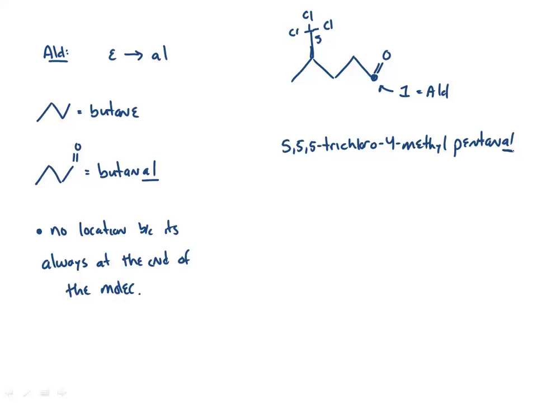So, aldehydes, I think, are probably one of the easiest molecules to name because it always gets the number 1, and all you have to do is change that ending to -al. What if I have 2 of them? What do you think is going to happen?